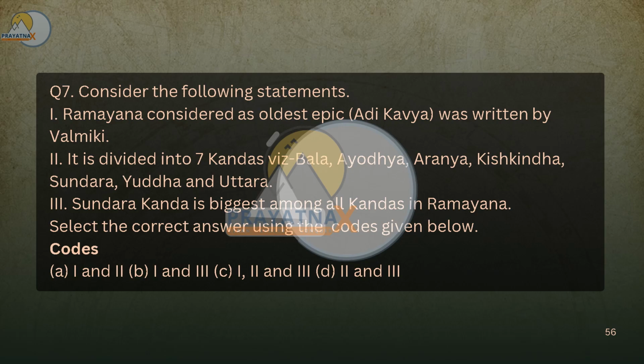So if you look at it, Ramayana is obviously the oldest epic, and it is also called the Adi Kavya, and it was written indeed by Valmiki. It is believed to be written between 500 to 300 BCE. Now it is divided into 7 Kands, which is true: Balkand, Ayodhyakand, Aranyakand, Kishkindakand, Sundarkand, Yuddhakand, and Uttarakand.